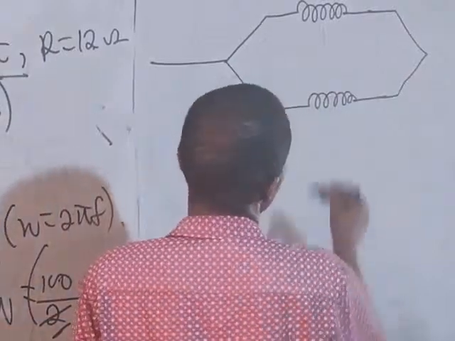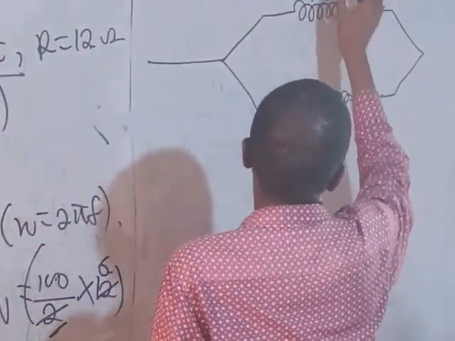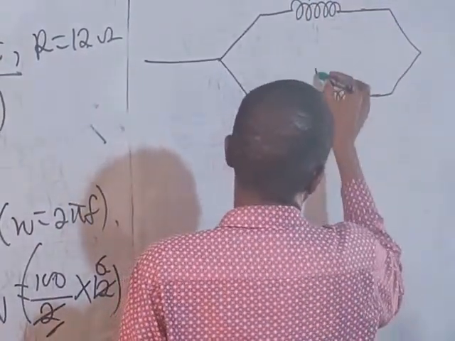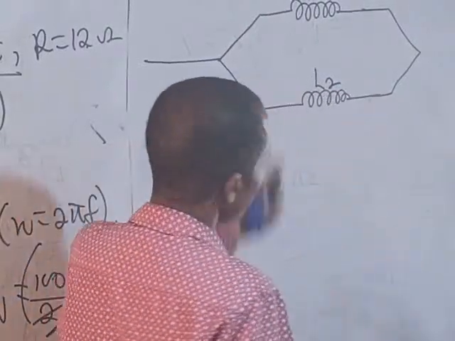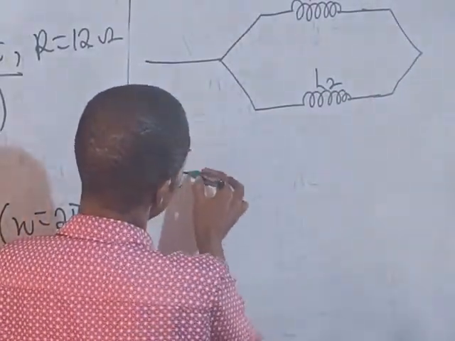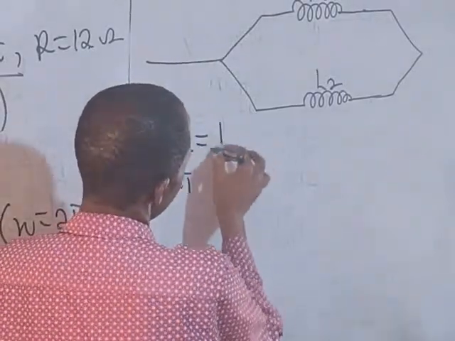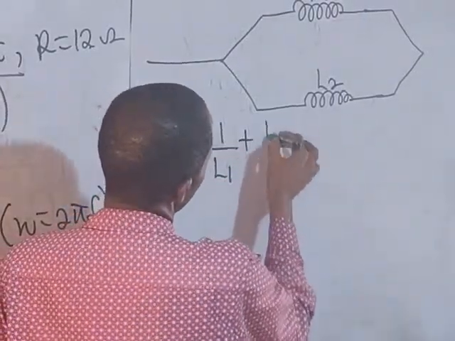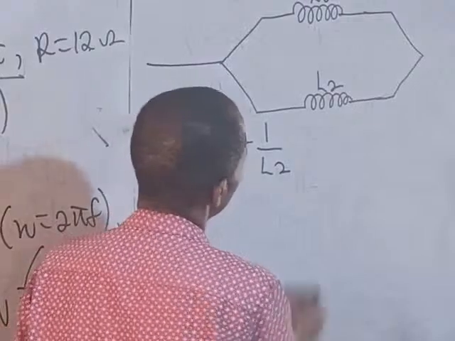That's all. That's the way it is. So if this one is L1, that's the first inductor, and this one is L2, then if you want to calculate the total inductance now, that's going to be 1 over L total, that's LT, is equal to 1 over L1 plus 1 over L2.